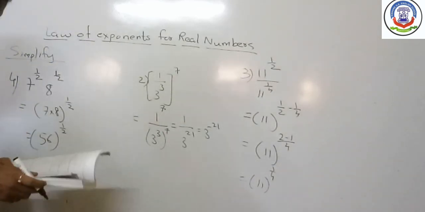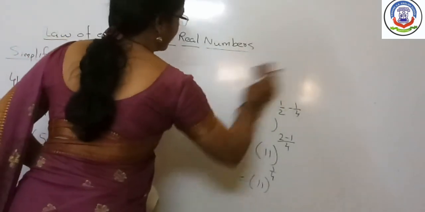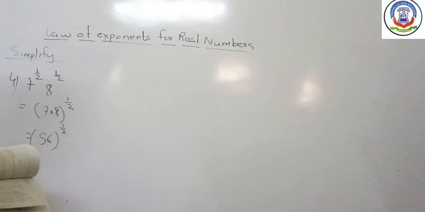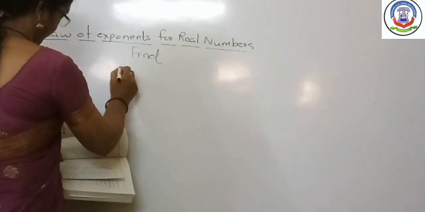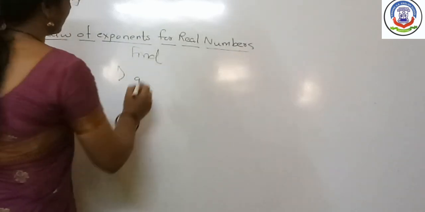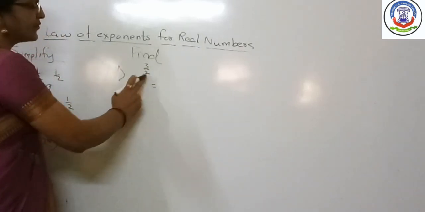Now, next is evaluate. Different types of sum we will discuss. The next type of sum is evaluate or find. First, 9 raised to 3 by 2.